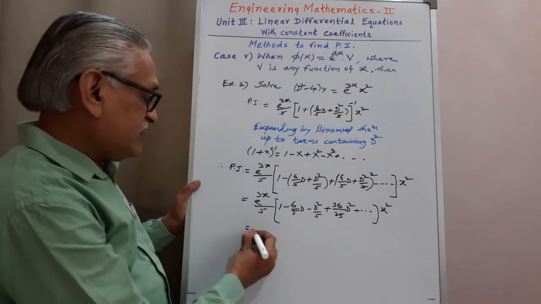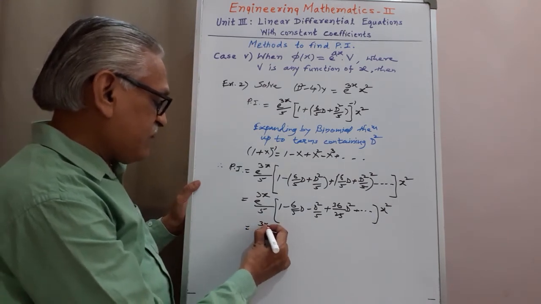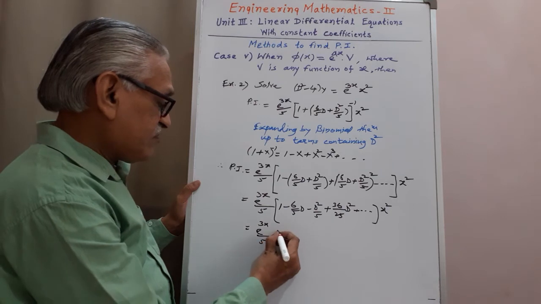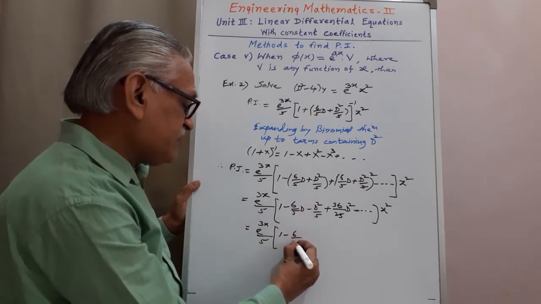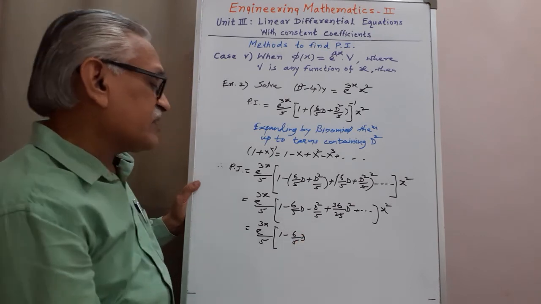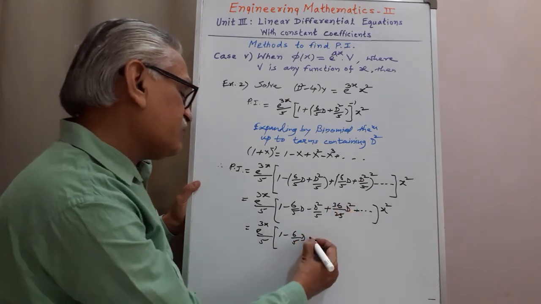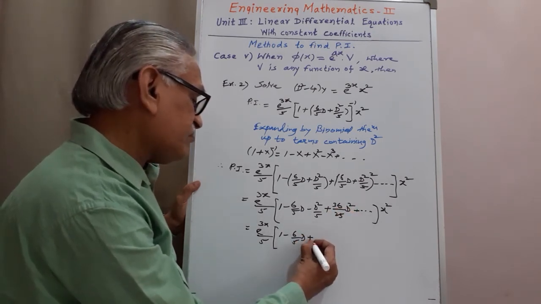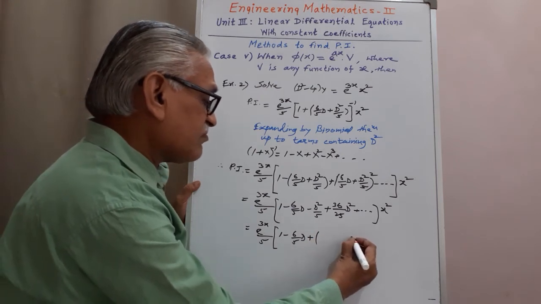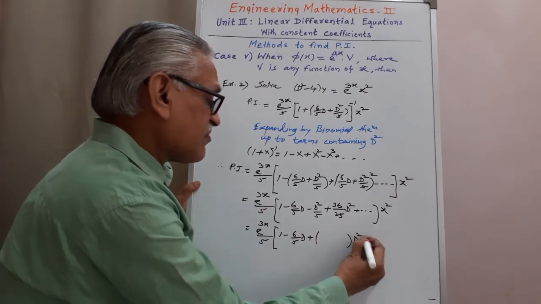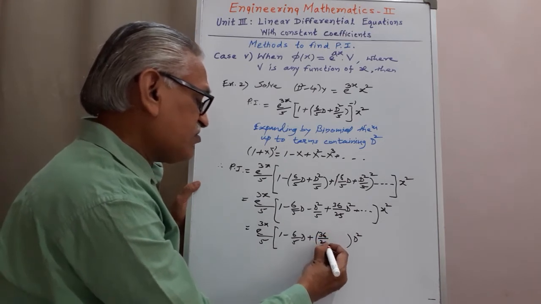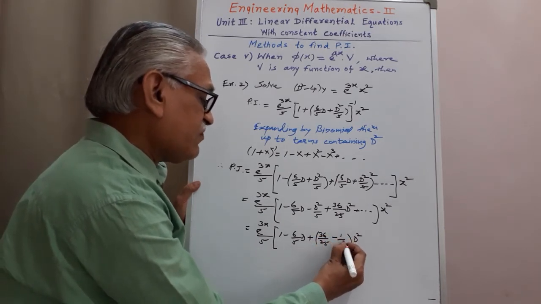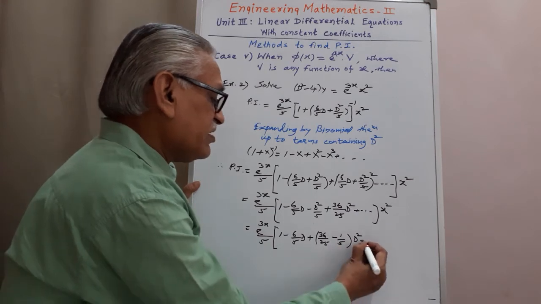Therefore it is e raised to 3x by 5, simplifying it, 1 minus 6 by 5 times D. We can take D square common. Here it is 36 by 25 minus 1 by 5, and so on.